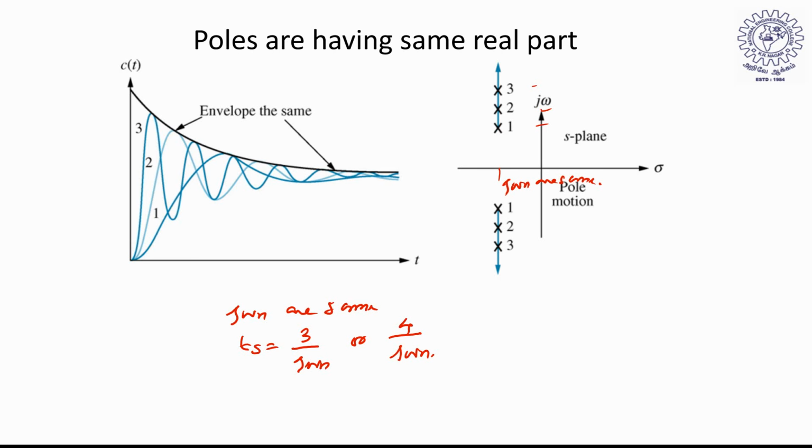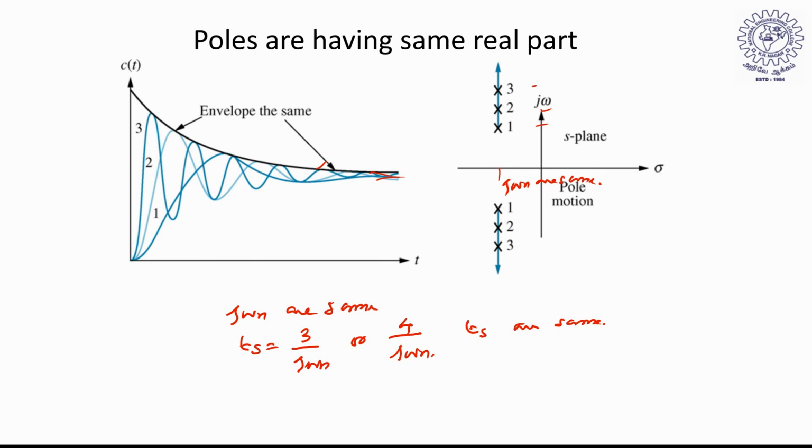If the real parts are the same, obviously your settling times are the same. That indicates from the envelope that the 3 responses are the same. So the time constant of these envelopes is the same, and all the systems have the same settling time.